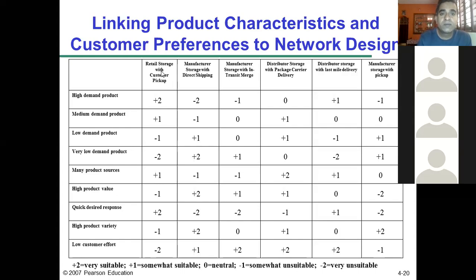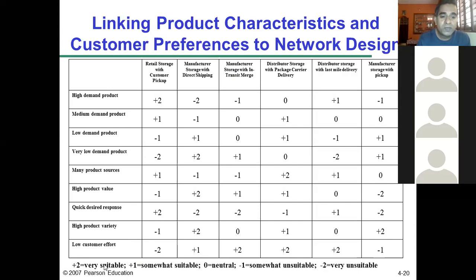And these are the different types of distribution networks we have studied again. So here +2 means very suitable, +1 is somewhat suitable, 0 is neutral, it is indifferent, -1 is somewhat unsuitable, and -2 is very unsuitable. If you look at retail storage with customer pickup, it's rated as +2.